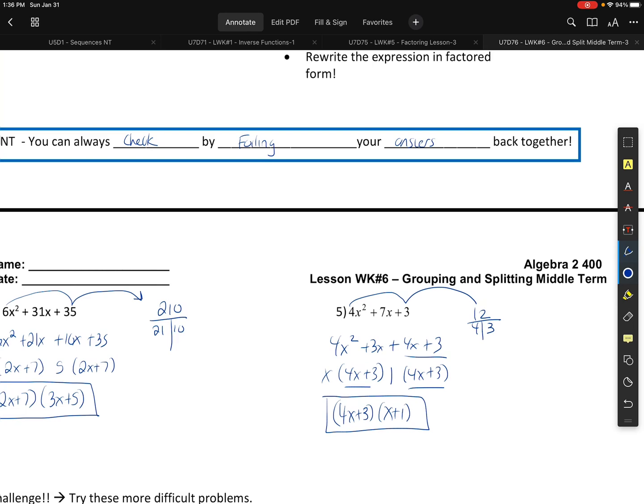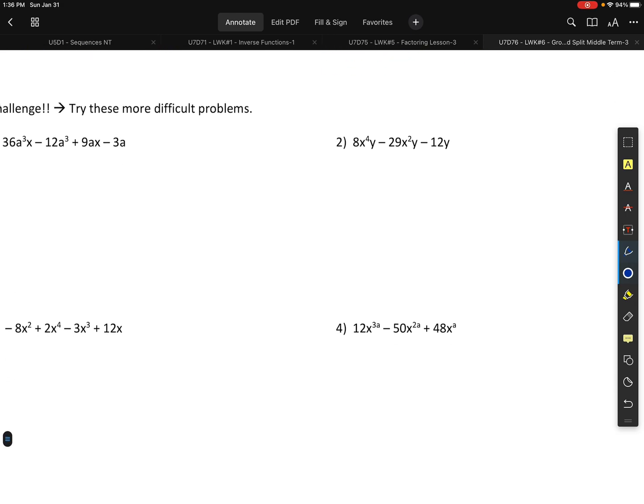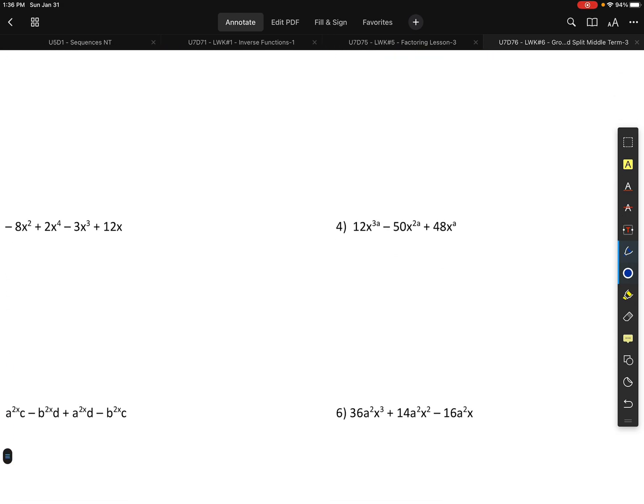All right. So the examples below, we got some a little bit more challenging. I want to look at a few of them. Let's go with problem 4. My GCF here is 2x to the a power, which leaves me with 6x to the 2a minus 25x to the a plus 24.